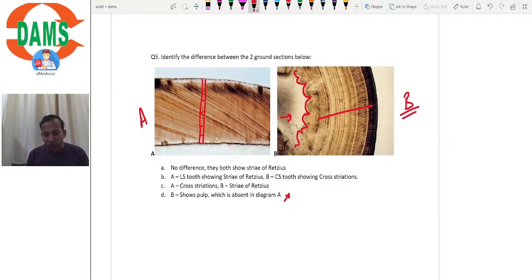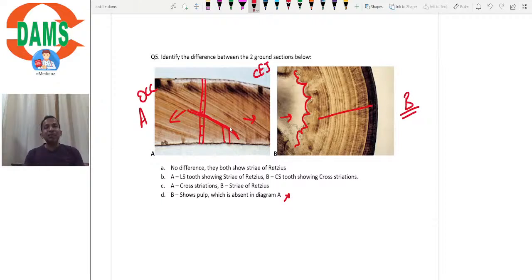Let's say this is the occlusal part, and this is where the cemento-enamel junction is formed. More enamel has formed towards the occlusal side, less enamel in the same time towards the cervical region, and hence an oblique line would form, and this represents the striae of Retzius.